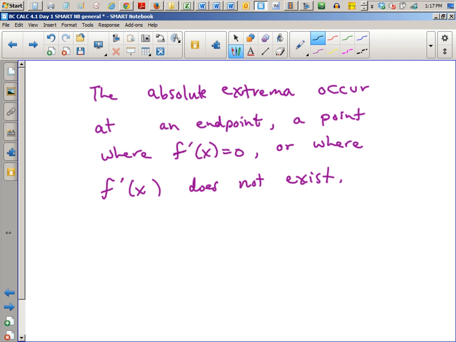In this first picture, the absolute min is here. It's an endpoint. The absolute max is here. It's the other endpoint. The second diagram will show you that it can happen where the derivative is 0, like in this picture.